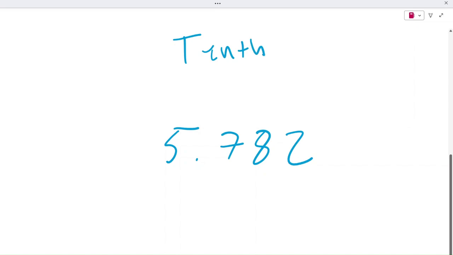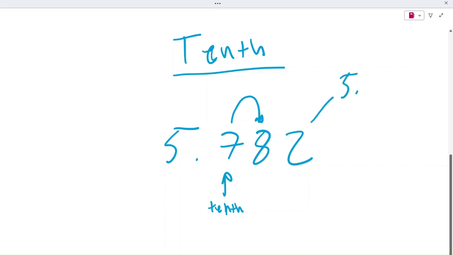Say, for example, we have 5.782, and we round to the nearest 10th. We know that this is the 10th location, and we want to look at the element to its right. So we either get 5.8 or we round down to 5.7.